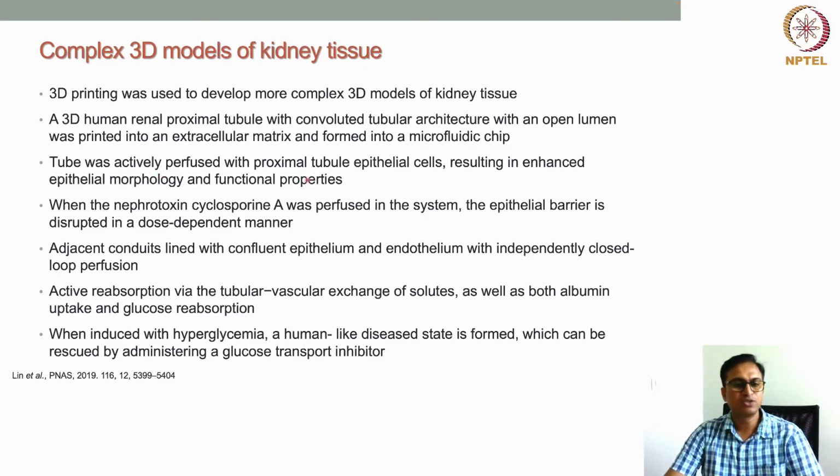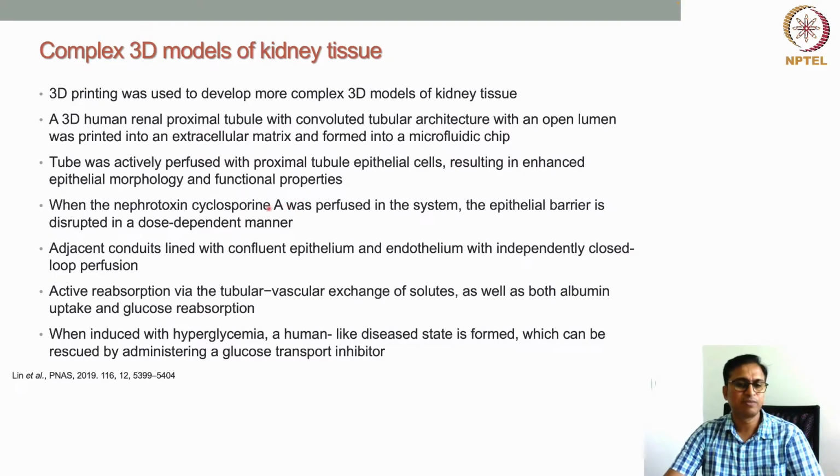Then they also tested whether this 3D bioprinted proximal tubule can do physiological functions. One such test: suppose we inject a nephrotoxic drug like cyclosporin A into the body and it goes to the kidney. It is a highly nephrotoxic drug, so it will destroy the nephron structures.